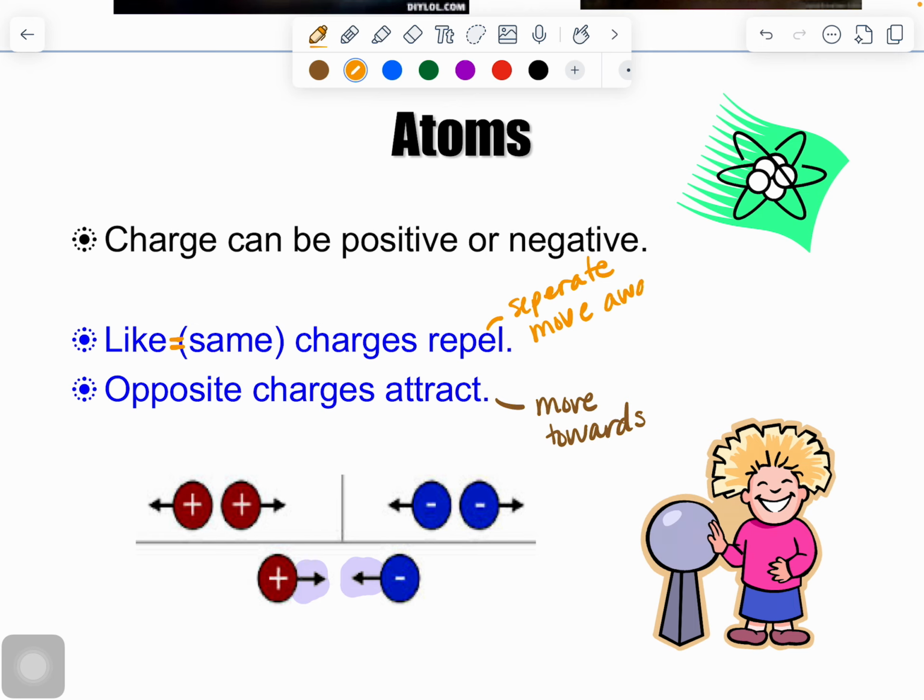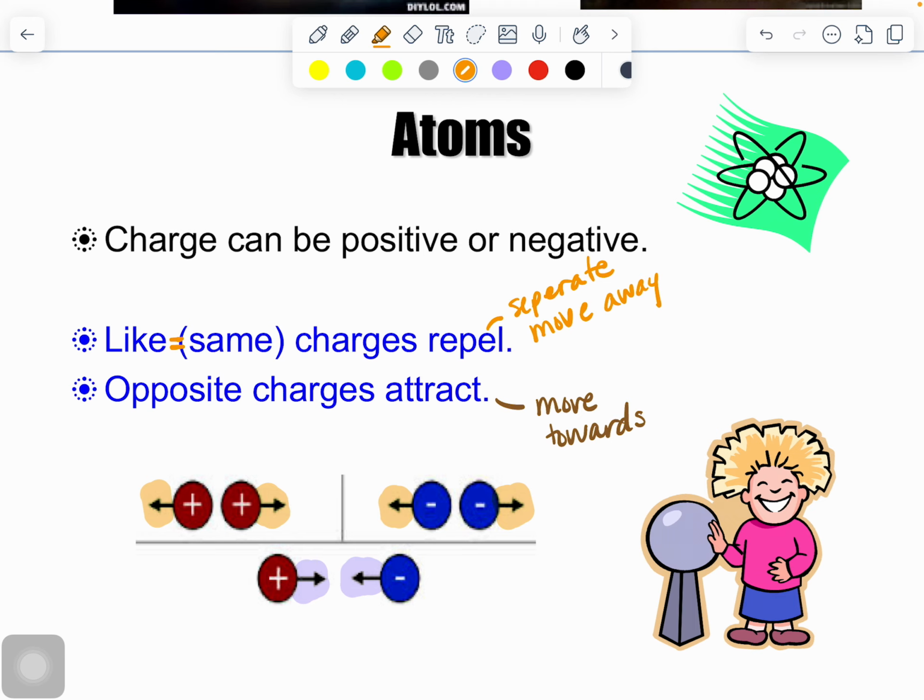So now when we look at the illustrations below, these arrows here are to indicate that these objects desire to move in opposite directions. They are trying to get away from each other or separate. That's what we mean when we say like charges repel.